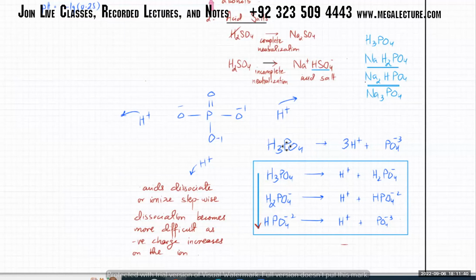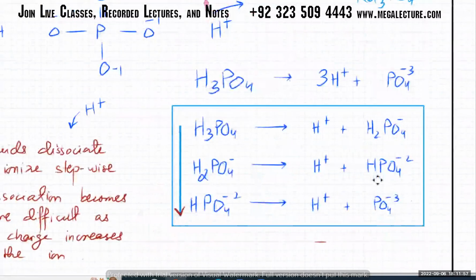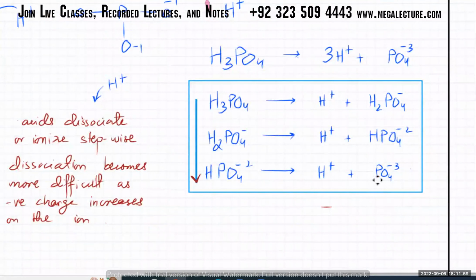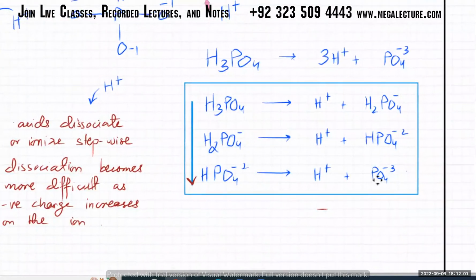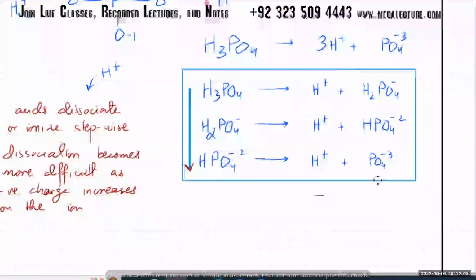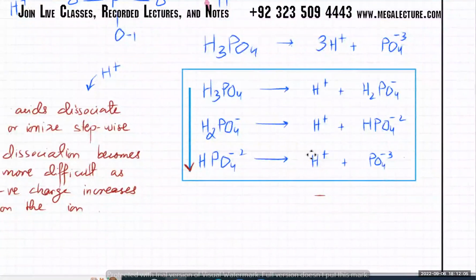Now whenever you have this, what happens is that the H plus 1 I told you get released in steps. If phosphoric acid, it's going to one by one release the H plus 1 ions. So whenever an acid has more than one H plus 1 ions, think of it as 3 acids.